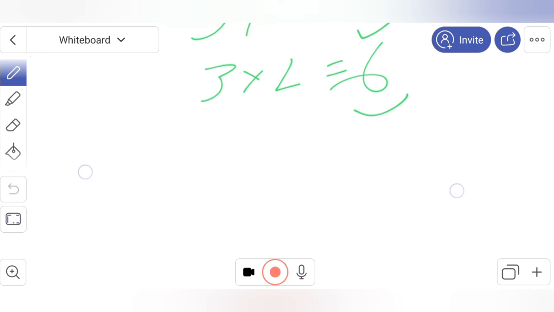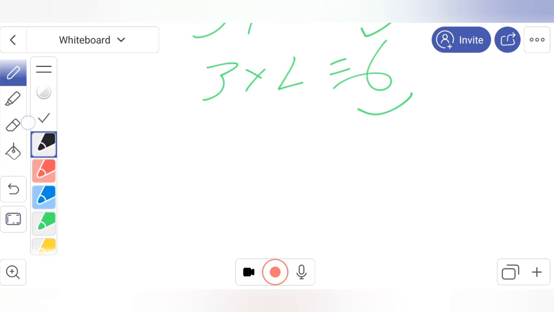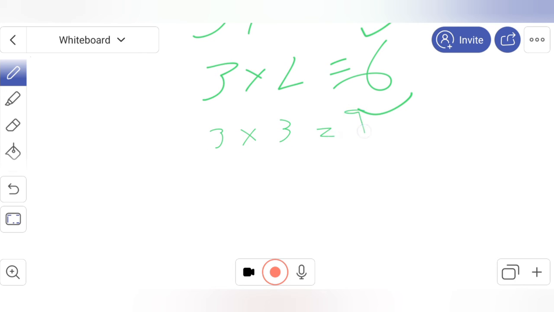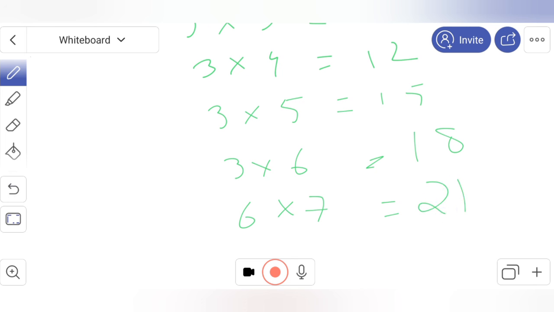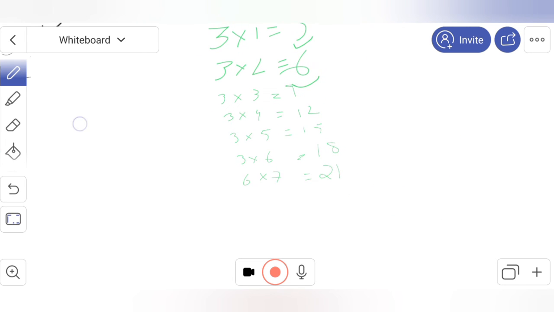Go to the 3 table. 3 twos are 6, 3 threes are 9, 3 fours are 12, 3 fives are 15, 3 sixes are 18, 3 sevens are 21.